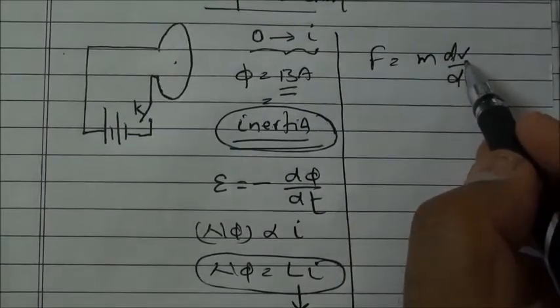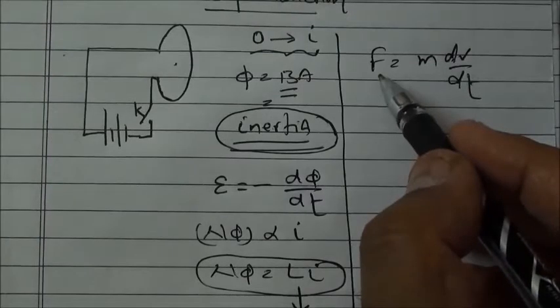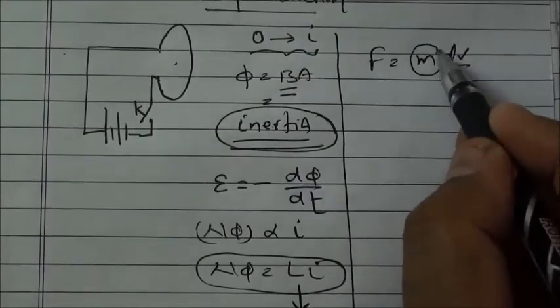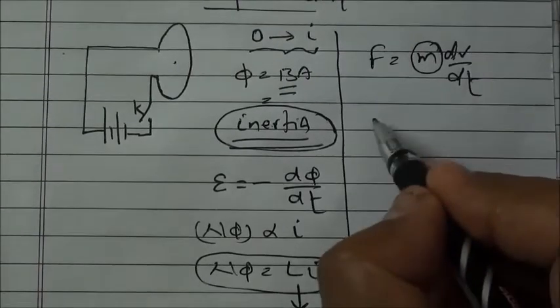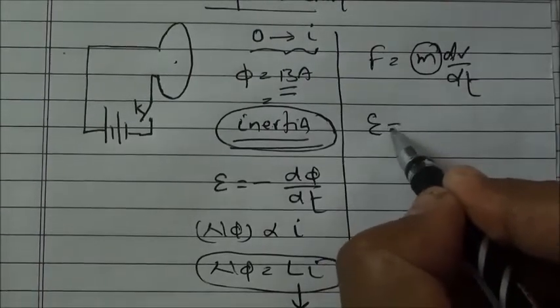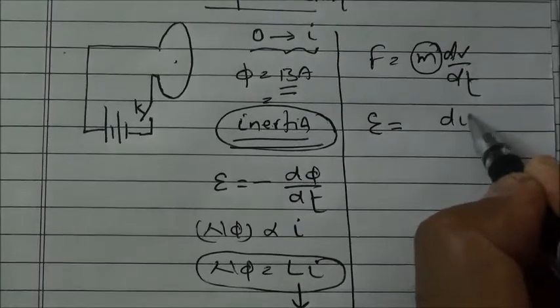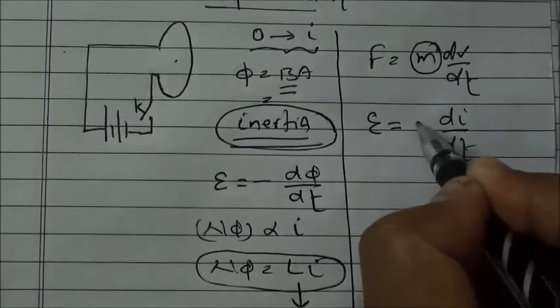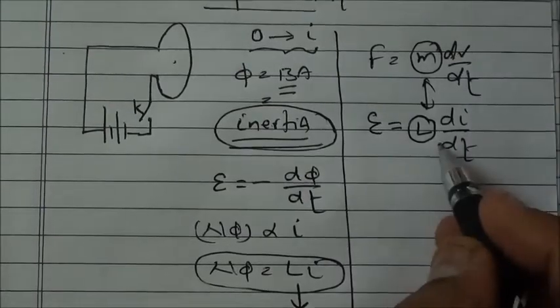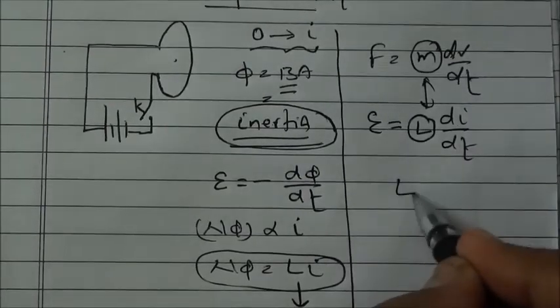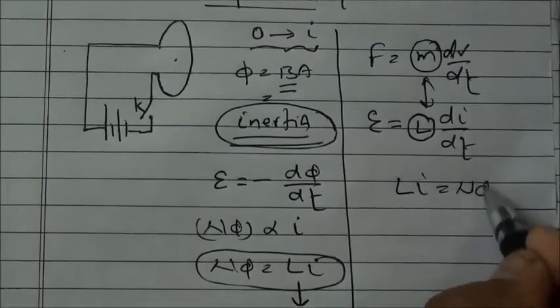So whenever the velocity changes, it means there is a force, and this is the inertia that opposes this variation in speed or velocity. Here we have induced EMF and this is the inertia. So similar expression. It is the electrical inertia, or N phi is Li.